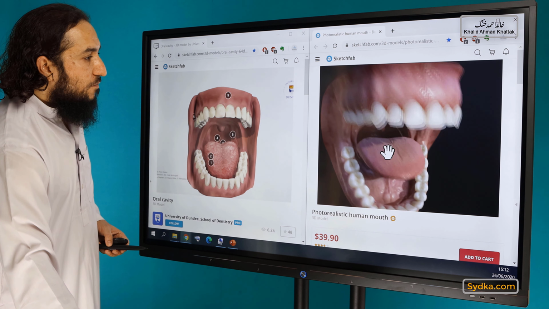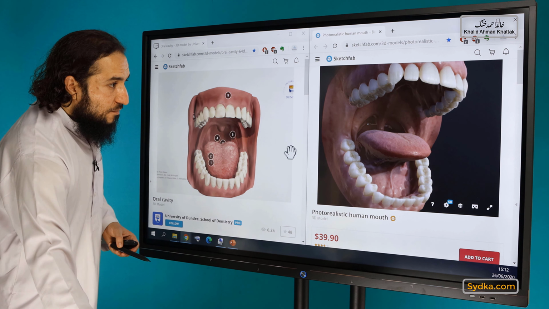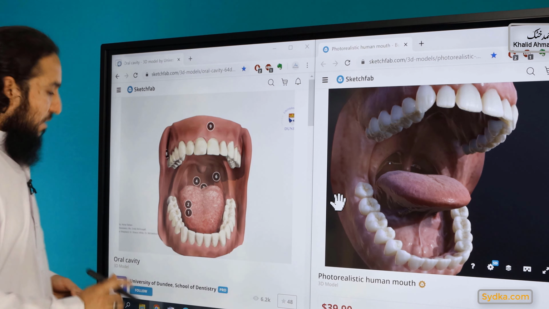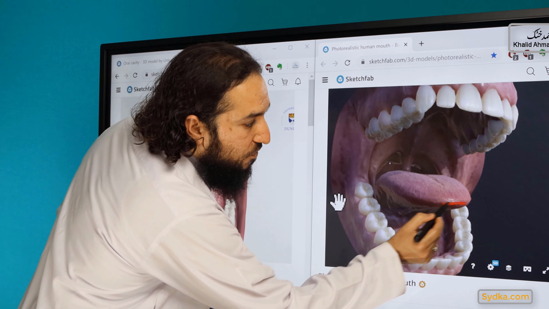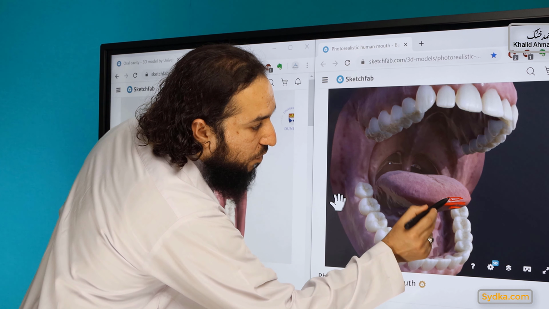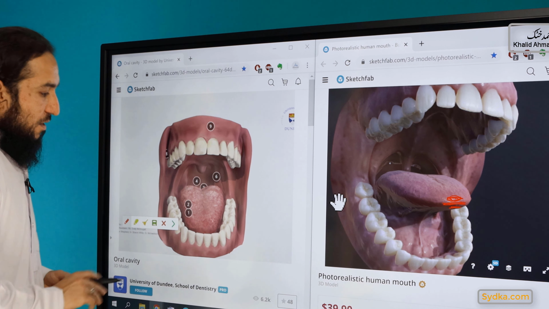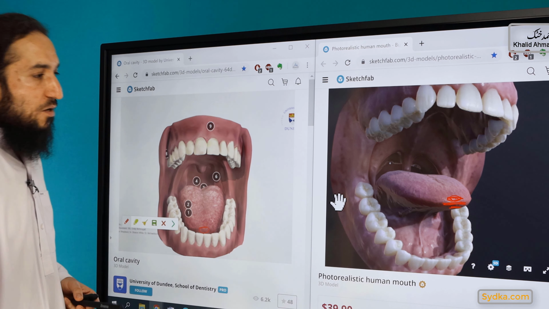So as we explained earlier, can you see here, this part is the tip of the tongue. That is the top side of the tip, and this is the underneath side. So we will be using the top side of the tongue. So that's the top side of the tip of the tongue.